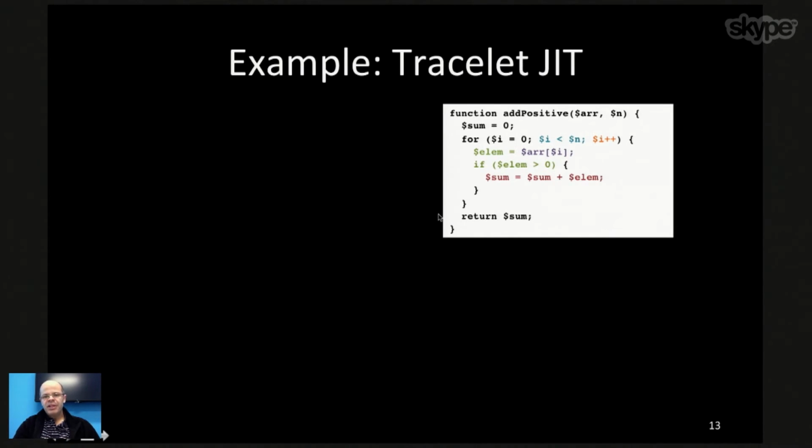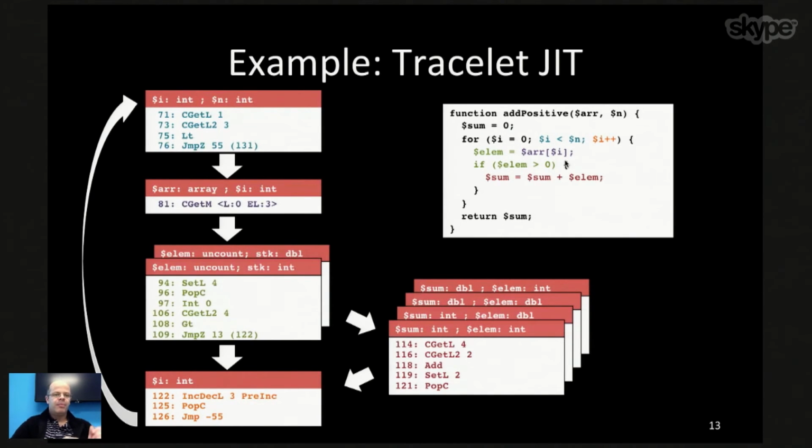The different colors here illustrate how we would break the code into tracelets. Each of the different colors in the loop shows parts that would be compiled separately as a different tracelet. So with a Tracelet JIT, we end up generating all these code blocks, compiling them separately, and each translation starts with some type guards that I'm representing here in the red box at the top, checking the types of the variables that you need to do the computation, and then doing the actual computation specialized for those types.